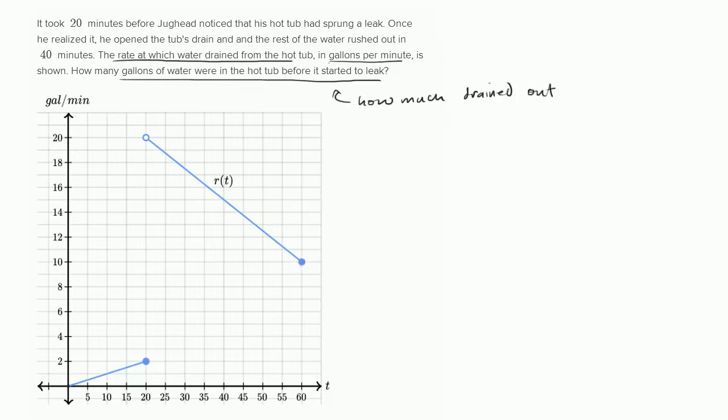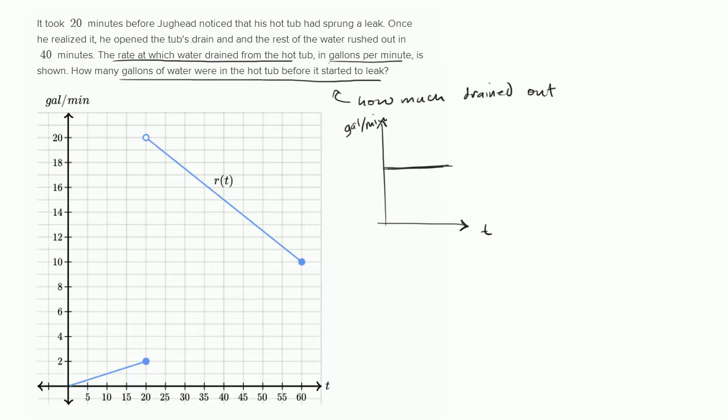And to think about that, we can just go back to what we knew before we learned about calculus. If I have something happening at a fixed rate, so let's say this is gallons per minute, in the same context, and this is time in minutes, and let's say things are draining out at a constant rate.